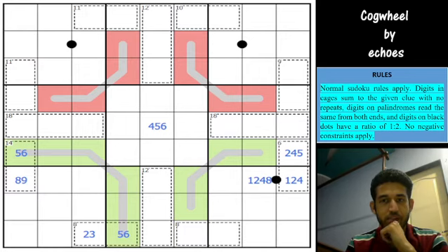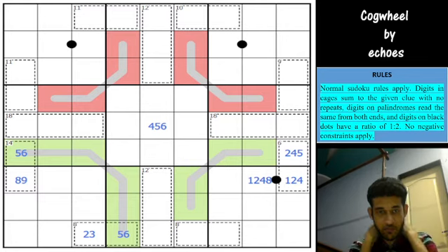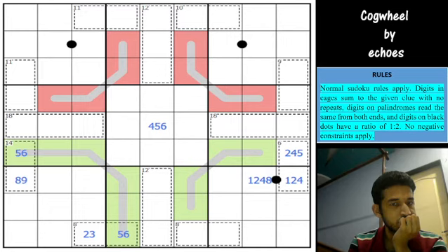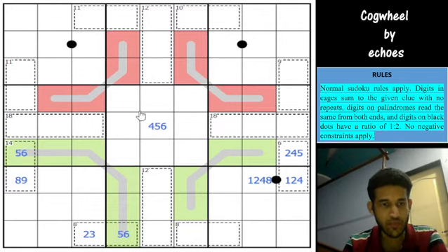Is that giving anything by itself? Okay. The sum of these 4 cells now must be equal to the sum of these 4 cells, right?